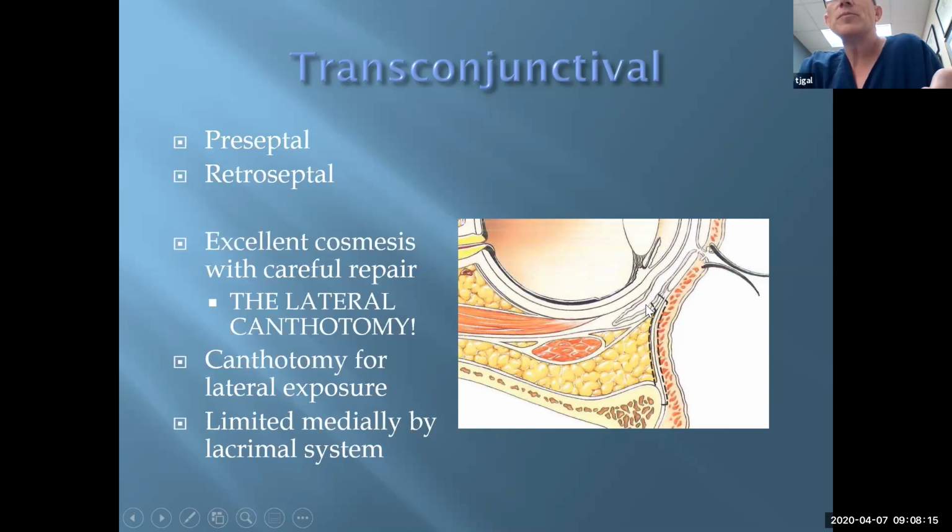You're limited a little bit medially by the lacrimal system, but not much. And so you can get to the majority of the floor without a canthotomy because that's what makes it look, it gets very pulled if it's not done correctly, and you get a very aesthetic defect, if you will. But again, all approaches are skin muscle flaps just over the septum.